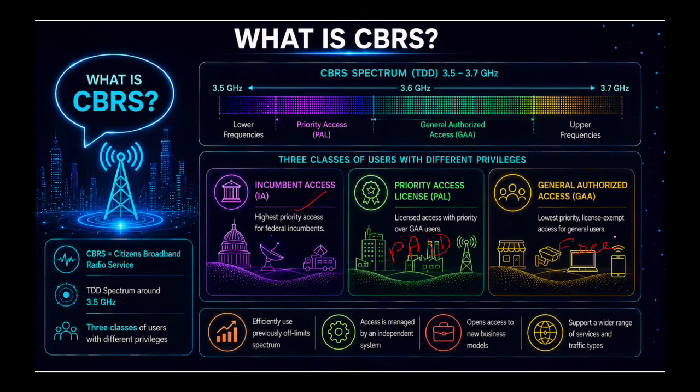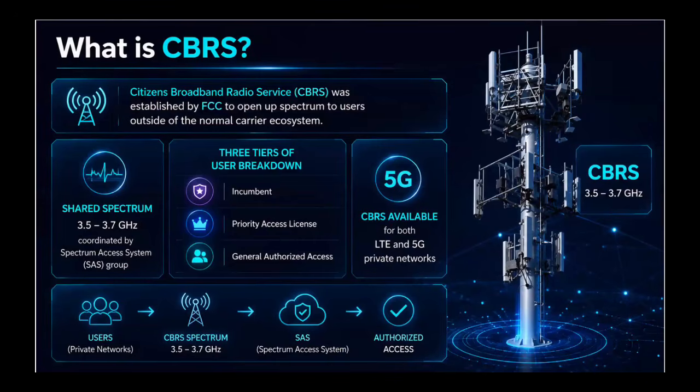So every class has its own advantage and its own disadvantage. Again, CBRS is Citizens Broadband Radio Service, and it is established by the FCC, right? And there are 3 tiers of breakdown: one is incumbent, one is PAL, and one is GAA, the priority access license and the general authorized access.